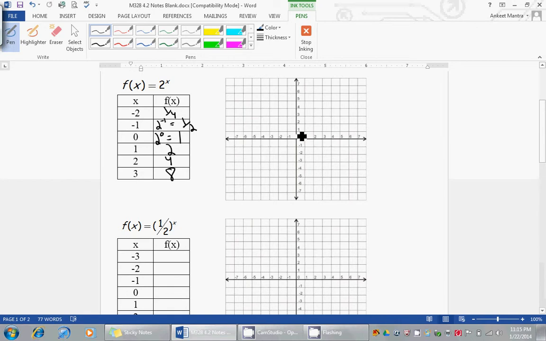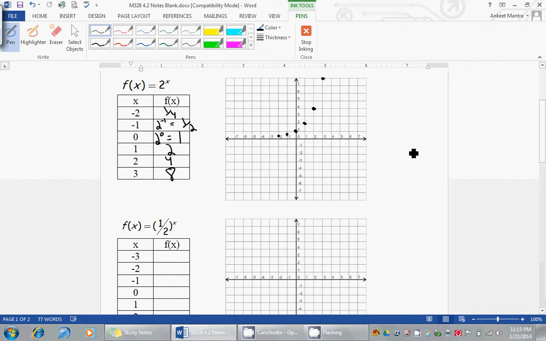Let's plot these points and see what we have. The first thing we got is 0, 1. Then 1, 2. Then 2, 4. And 3, 8 should fit right at the top. Then we have -1, 1/2. Then -2, 1/4, and we're getting really close down there. We can kind of see the shape forming here.